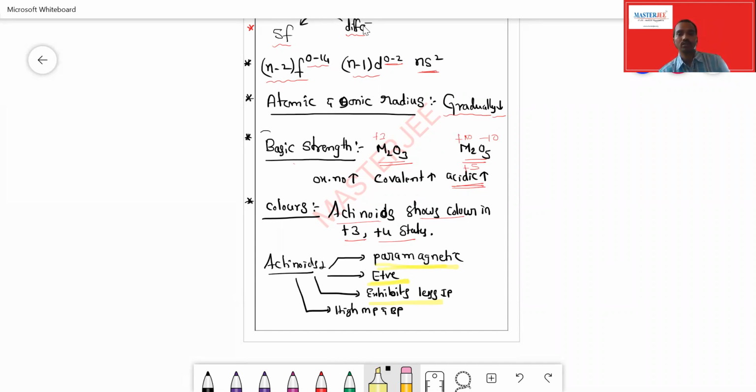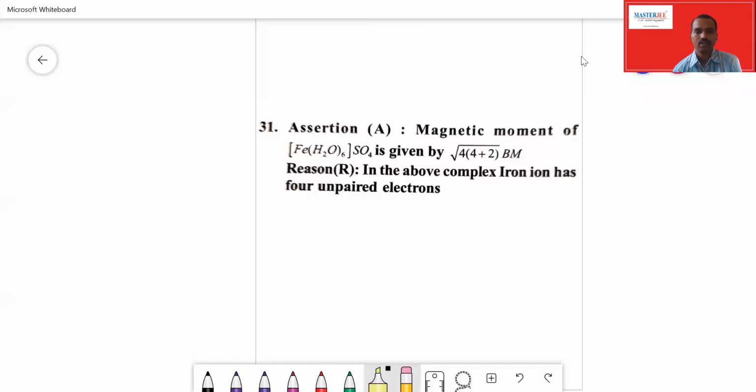Next, we are going with the objective part. The last module's objective part we are going to discuss here. In Module 3 objective part, the magnetic moment of Fe(H2O)6 SO4 is given by the square root of 4 into (4 plus 2) Bohr magneton. Is this correct or not? We are going to check.